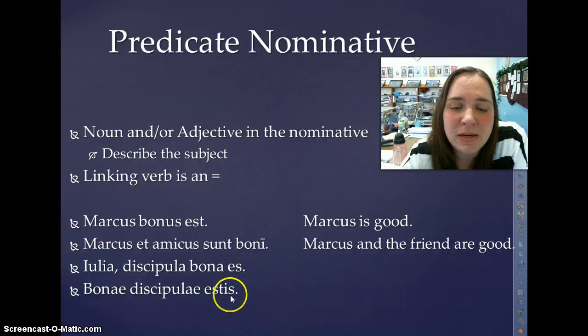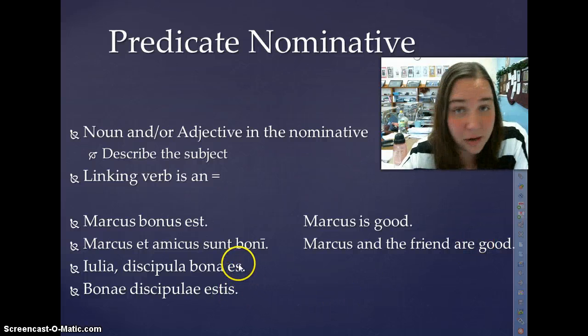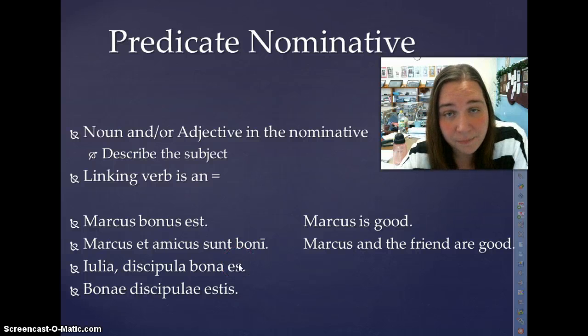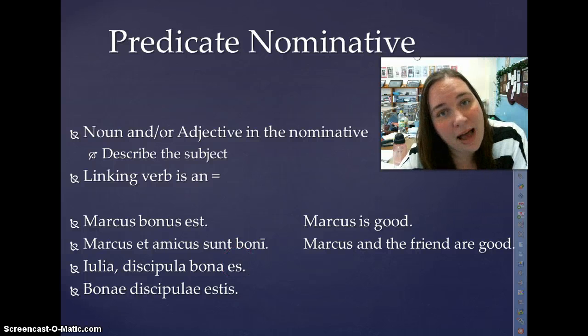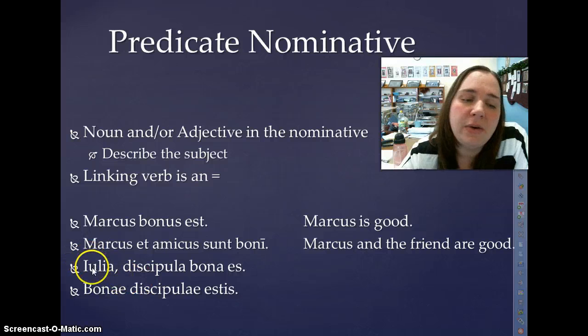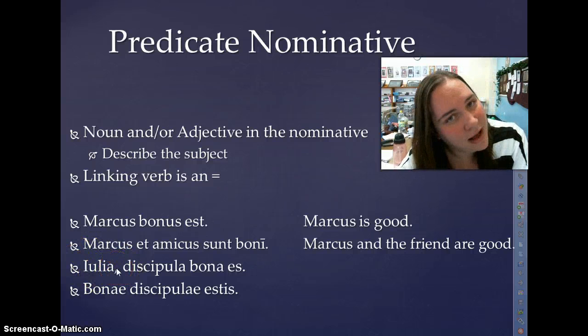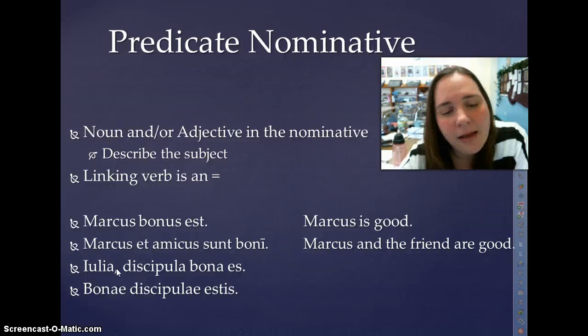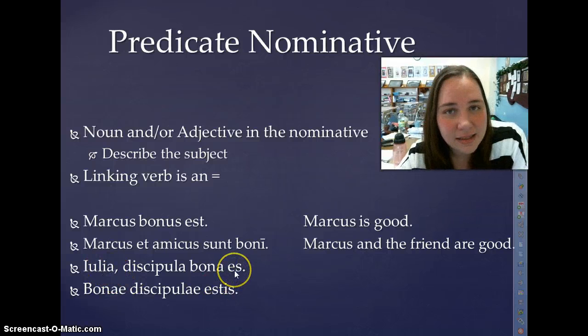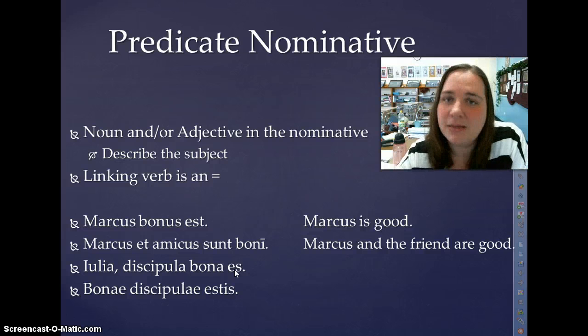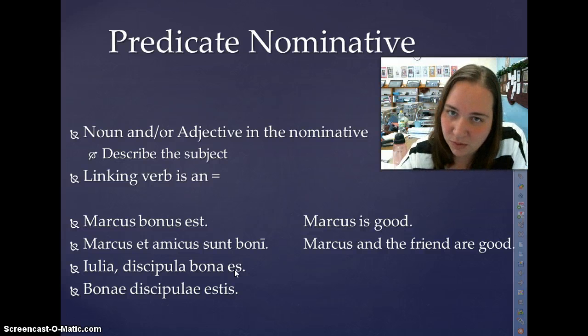Good. In these next two examples, I want to show you that you don't need a third person linking verb in order to have a predicate nominative. So in this first one, Julia discipula bona es. Julia here is not nominative, actually; in this case it's vocative, I'm addressing Julia. Es, you are, and we're not going to have a direct object because linking verbs don't take direct objects.